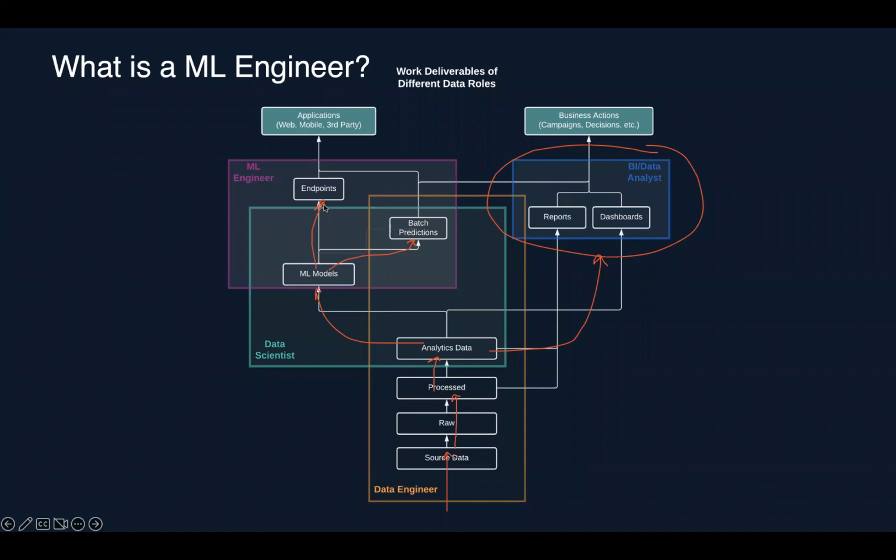So we'll be building some endpoints, and those endpoints can be used by other applications, right, or by the main applications, whether it's a mobile or web application. And sometimes the data needs to be shared with a third party, right?